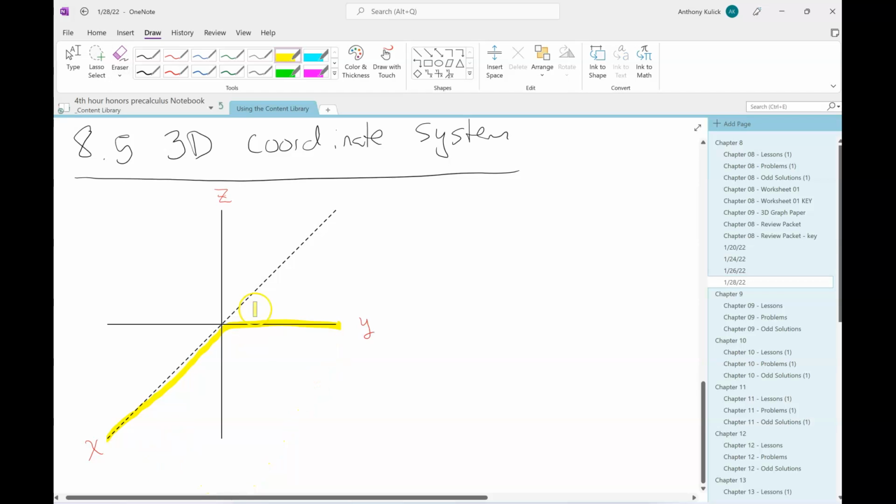I don't really know, but that's the convention that we use, so just remember that. For all of these, the positive end for the x-axis is this end, and the negative end is over here. The positive end of the y-axis is there, and negative there. Positive for the z, and negative for the z.